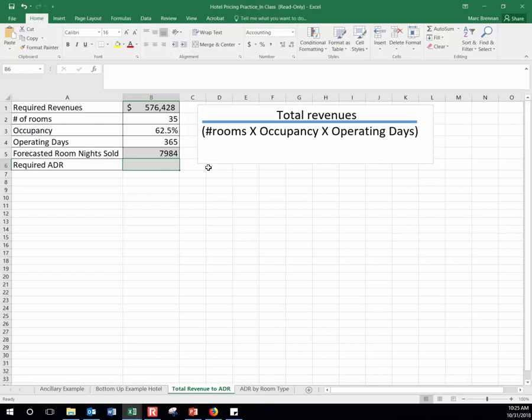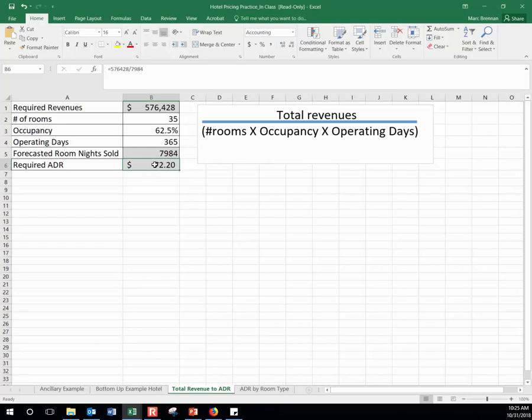So if I believe I'm going to sell this many rooms, and these are the required revenues that I need to make my bottom line, I'm just simply going to divide my revenues, 576,428, by the number of rooms that I believe I'm going to sell. And that's going to give me an average rate of $72.20.